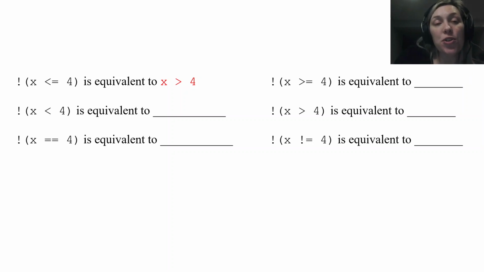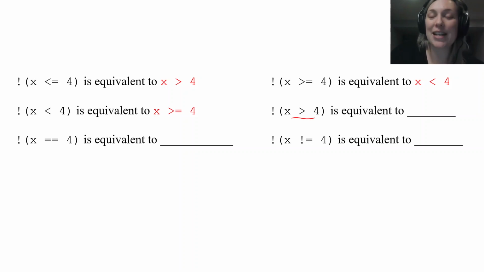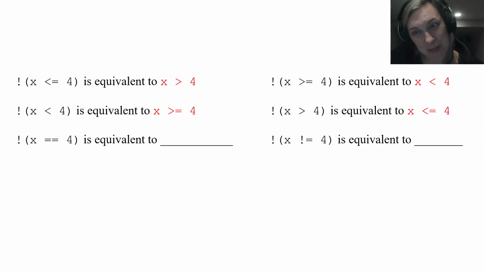If it's less than, then I switch it to a greater than. This one over here, greater than or equal to, is equivalent to less than. Less than is equivalent to greater than or equal to. Greater than is equivalent to less than or equal to.